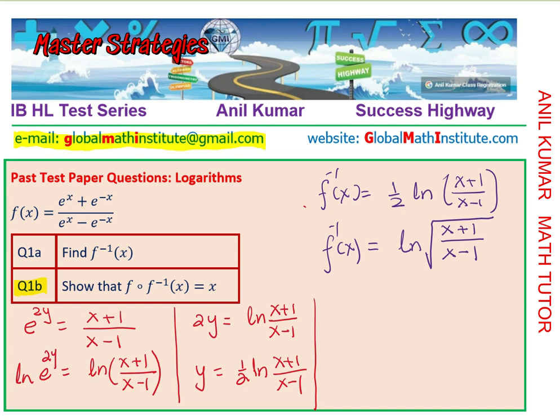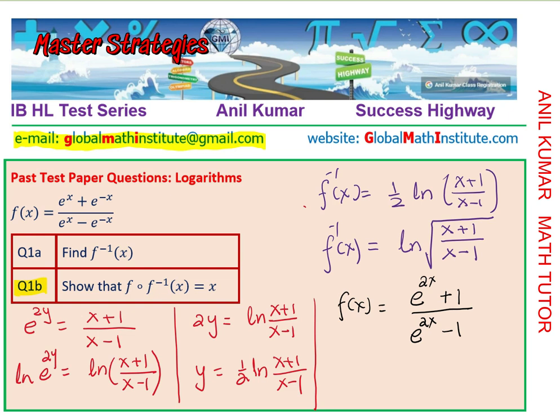I prefer to use the simplified form, f of x equals e to the power of 2x plus 1 over e to the power of 2x minus 1. Is that clear to you? So that simplified form is indeed better to use at this particular stage, right?